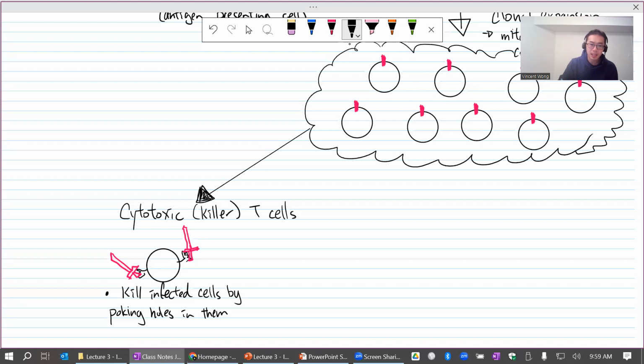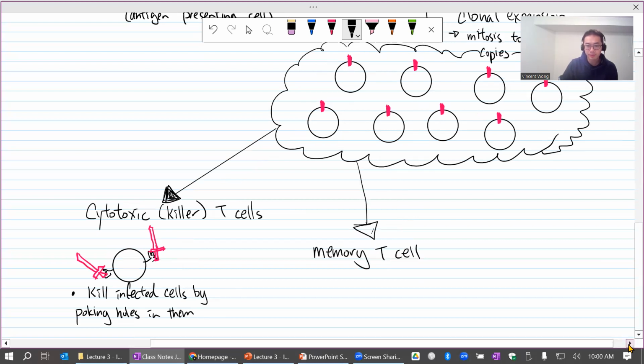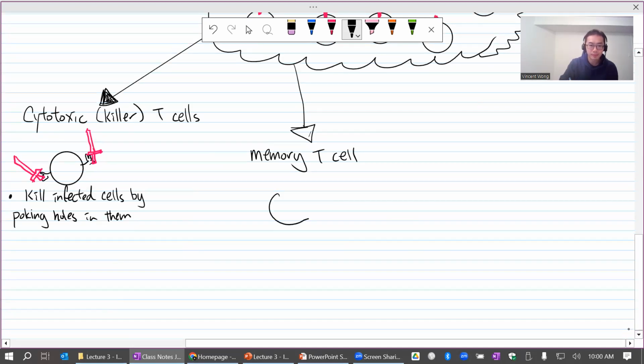If they don't want to become a killer T cell, they could become a memory T cell. Okay, this is like a thinking bubble.